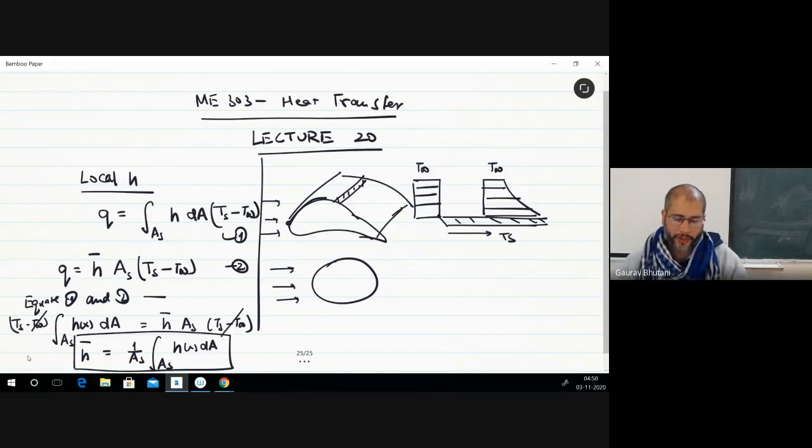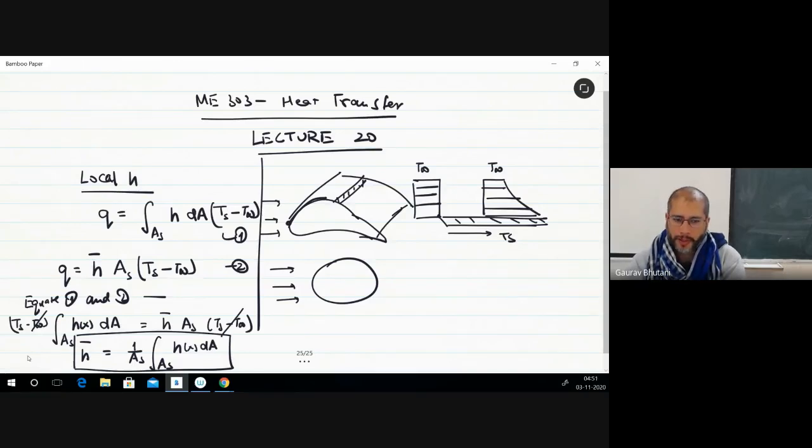So in many cases, you will be given the h bar value for a given geometry, and then you'll have to find out the q. You should understand what this h bar means. You simply have to multiply h bar by the total surface area, and then multiply that by the potential difference, that is Ts minus T infinity, and that gives you the value of q. In many cases, you have to find the value of h bar given the h value.